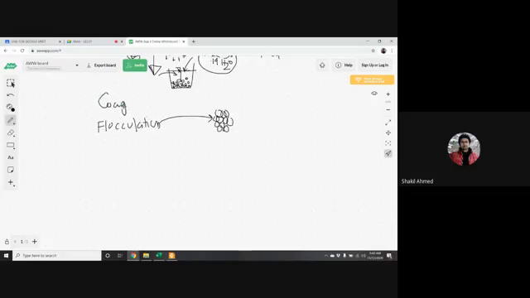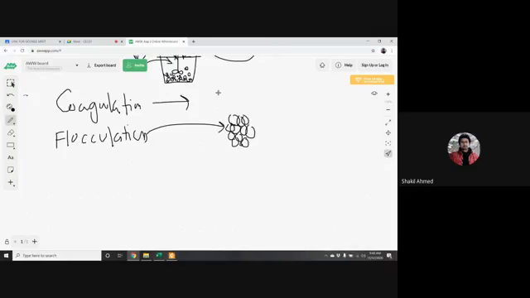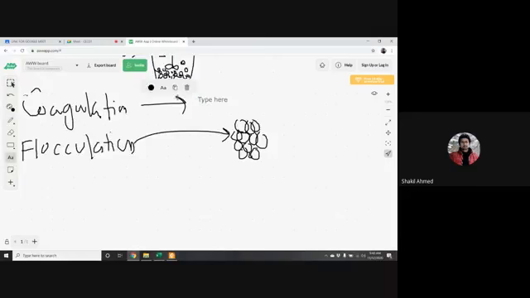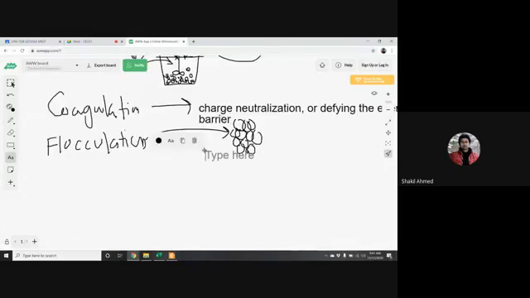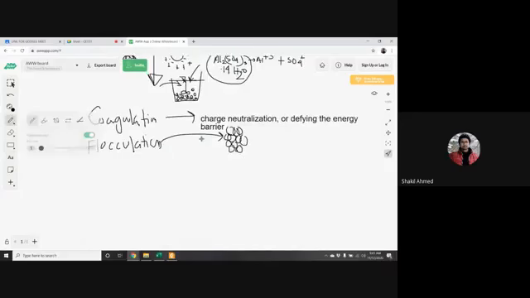Coagulation was charge neutralization, or defying the energy barrier, and flocculation is aggregation of particles.